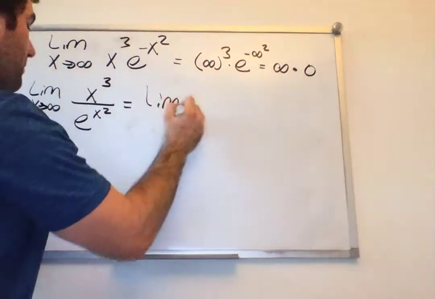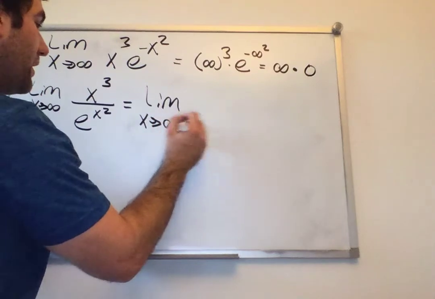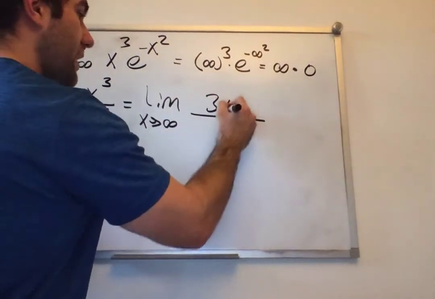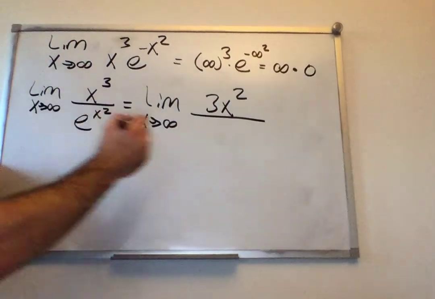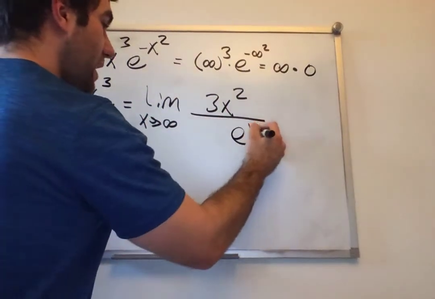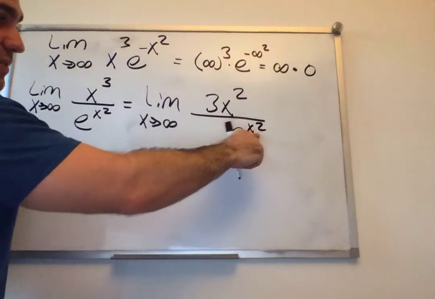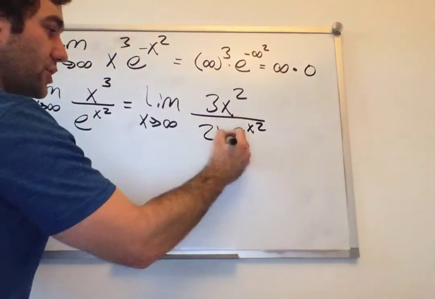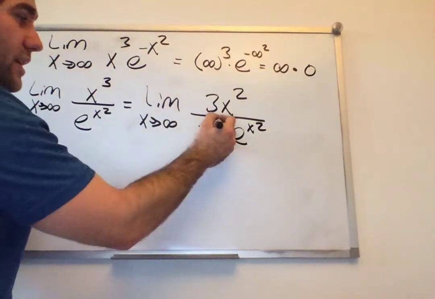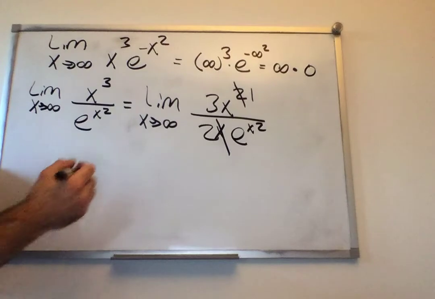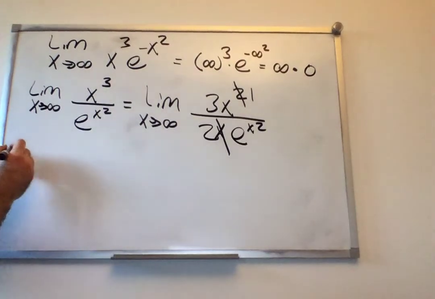So this is the same thing as the limit as x goes to infinity. Well, the derivative of the numerator is 3x squared. The derivative of the denominator is e to the x squared, but now I gotta take the derivative of the inside, the derivative of x squared, which is 2x. If you notice, the x here and the one on top cancel. So I'll write it over here.